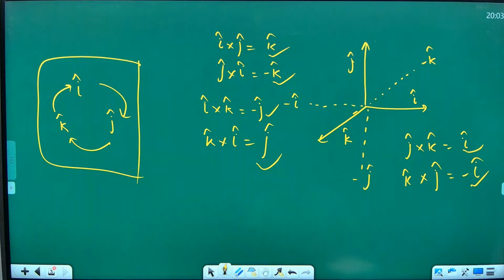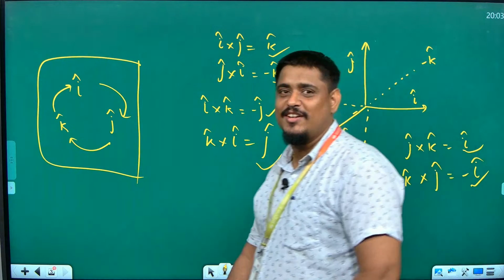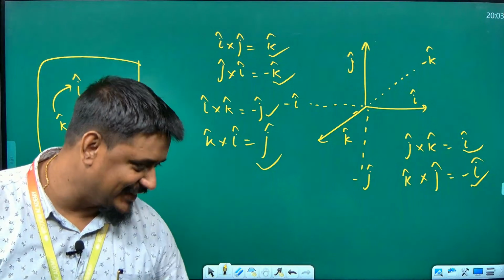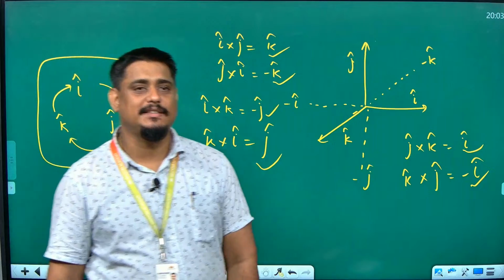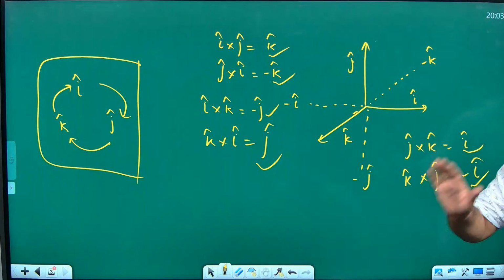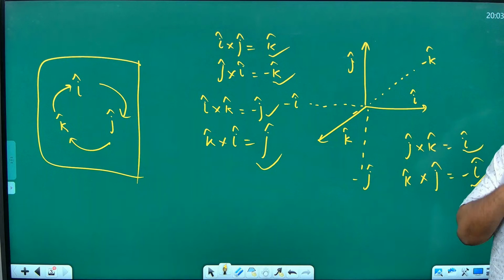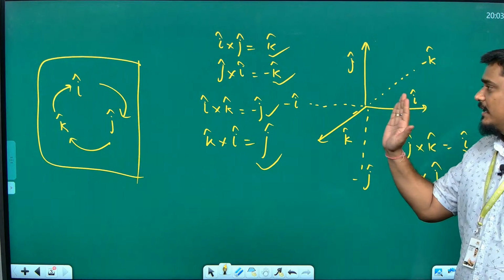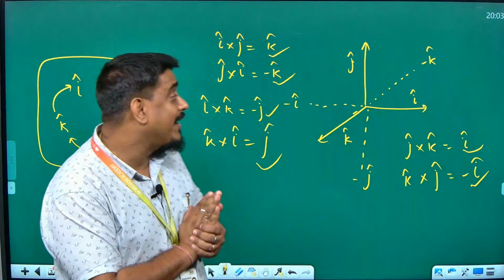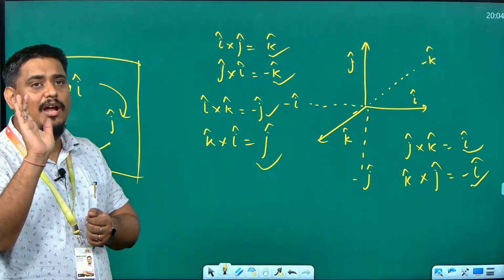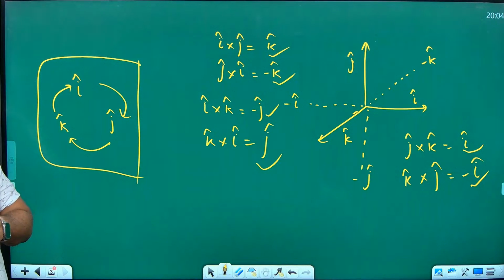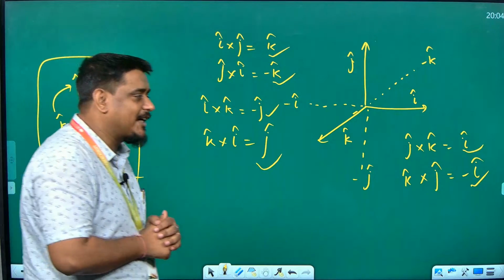You are asking, could you please repeat how to use the thumb rule? You pay attention. The thumb rule says that you have to keep your hand on the axis from where you start and take your hand to the axis up to where it goes, and the thumb will point towards the direction of n cap.